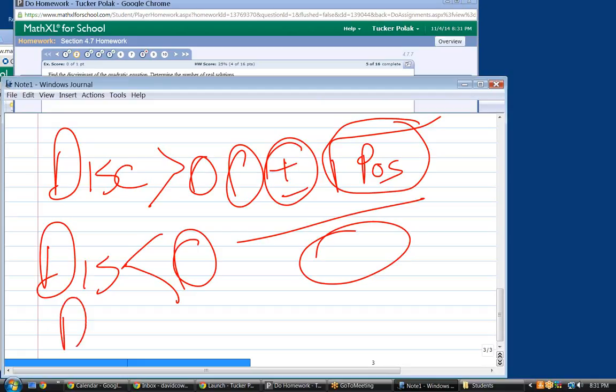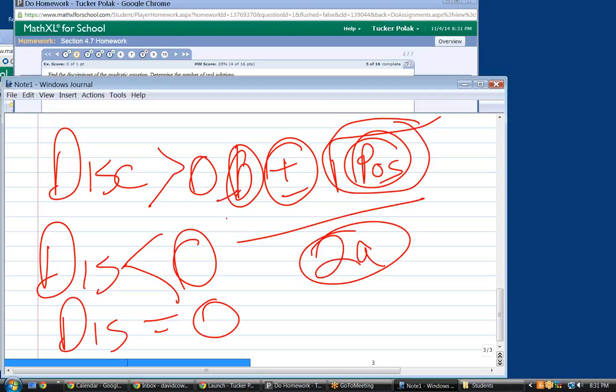The third case is when the discriminant is exactly equal to 0. That means this whole thing is 0, and you end up with just minus b over 2a, without the plus or minus. Because you're doing plus or minus 0, so there's no plus or minus.